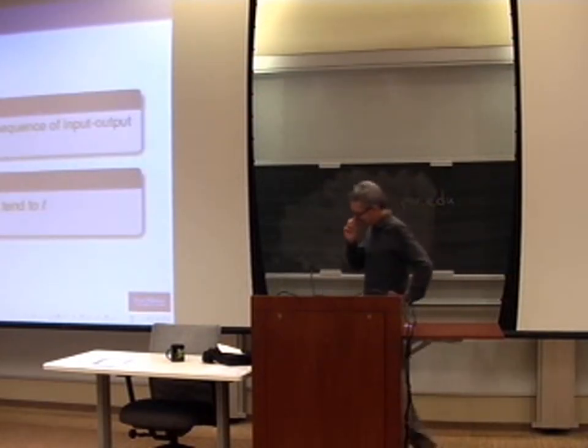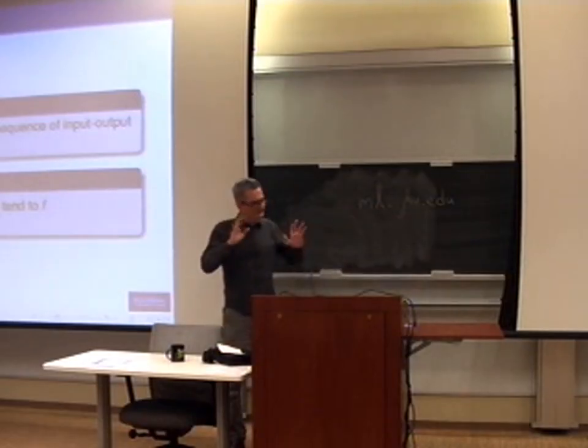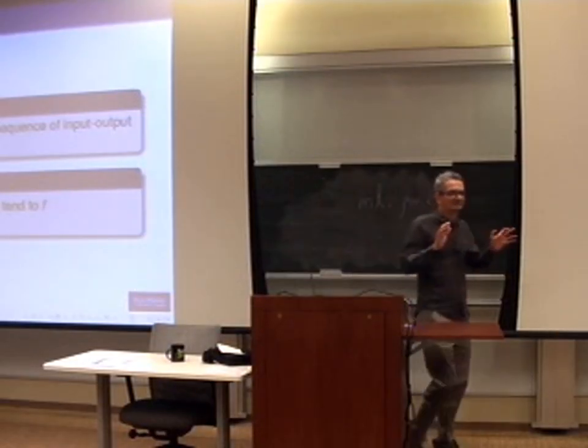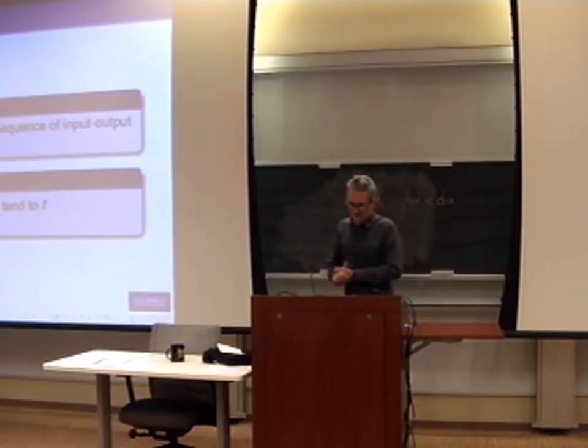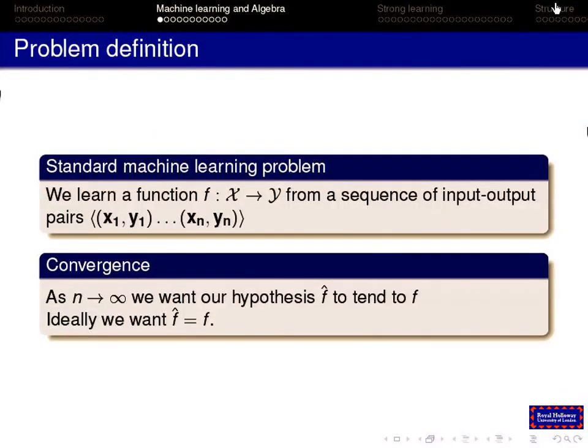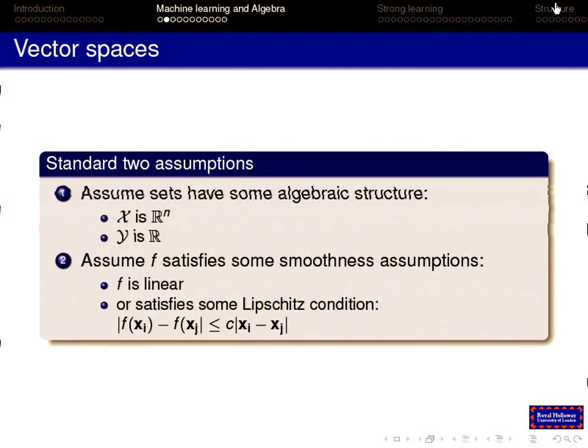Okay, so I'm going to do some slightly unfamiliar algebra later on. So I'll start with some kind of familiar things. In a standard machine learning problem, we want to learn some function from a space X to a space Y from a sequence of input-output pairs. And we want our hypothesis to tend to the right answer as the data increases. Now, obviously, if you've just got spaces X and Y, there's nothing you can do, right?